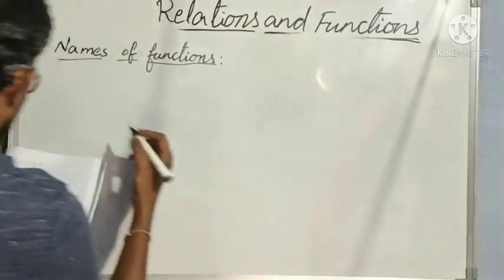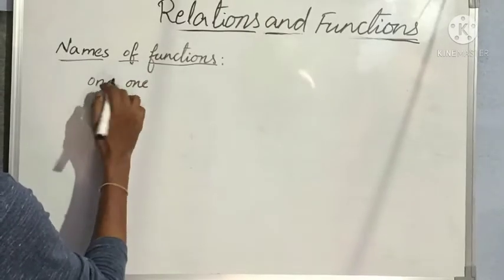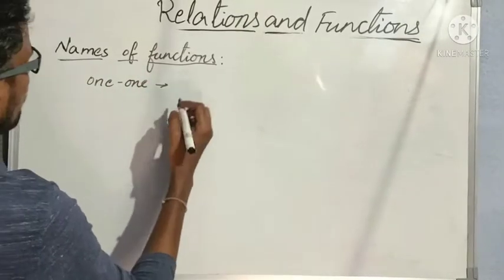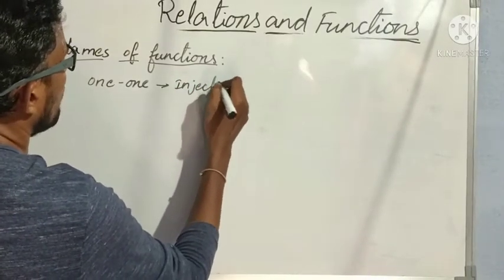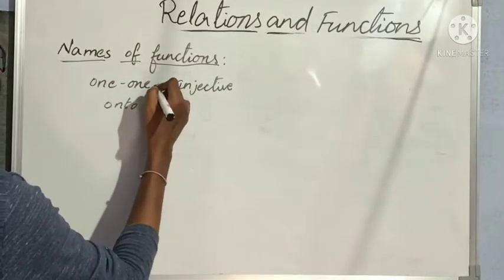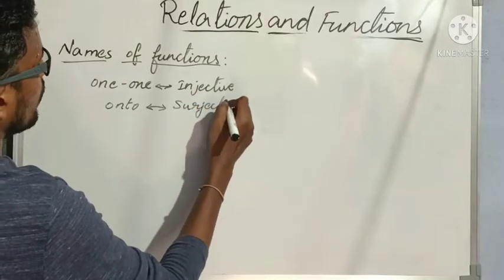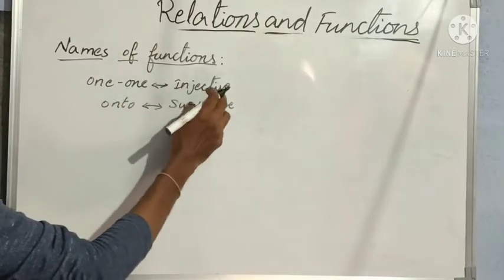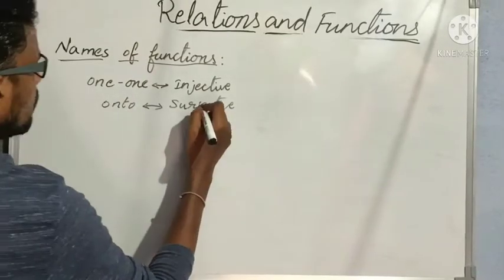So what is the name of one one function? One one function is also called injective function, and onto function is also called surjective function. Okay, what's the name of one one function? Injective function, and onto function is called surjective function.